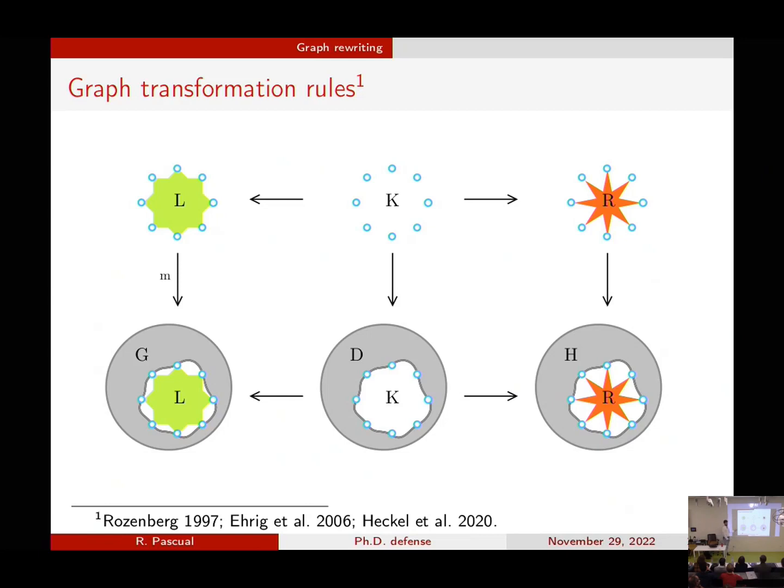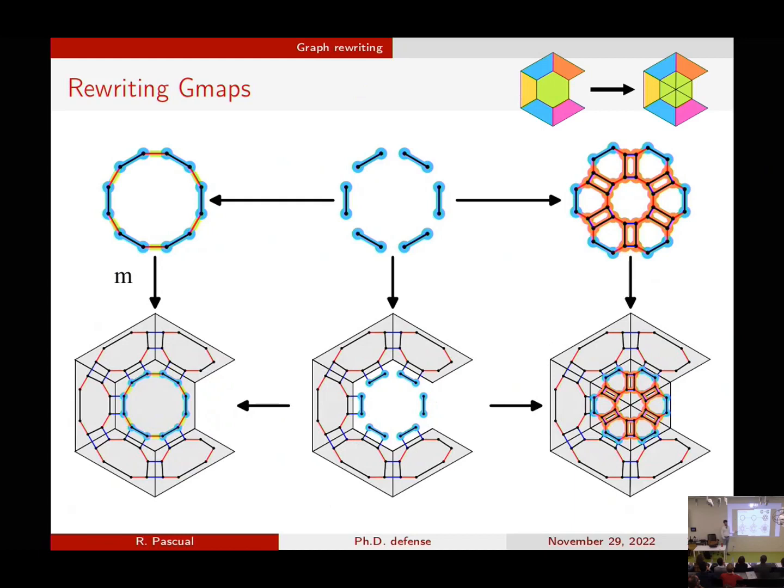And this method works directly on Gmaps. So here, I have the hexagonal face, and on the right-hand side, I have the triangulated hexagonal face. And now I can look for a hexagonal face in my object, so that I can find one in the middle, and I apply my rewriting, and I obtain a triangulated object.